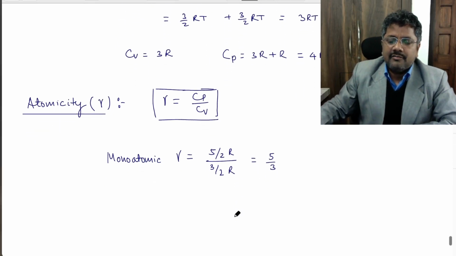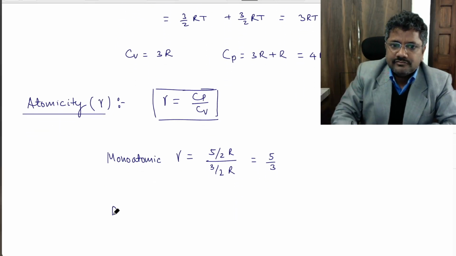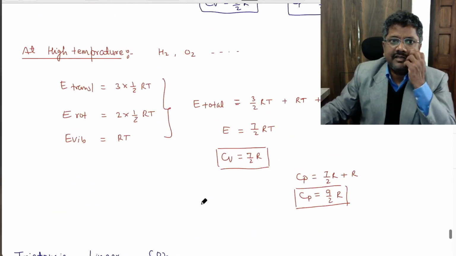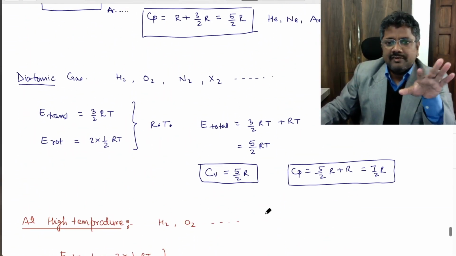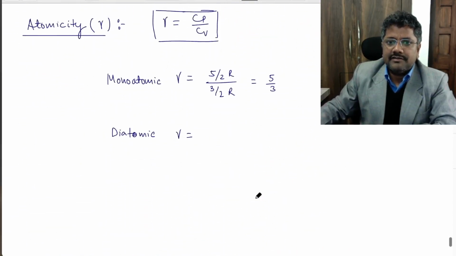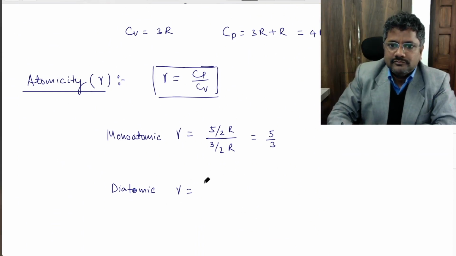For diatomic, gamma is equal to, we have the value of Cp and Cv at normal temperature, not high temperature, 7 by 2R and 5 by 2R. So 7 by 5, right?